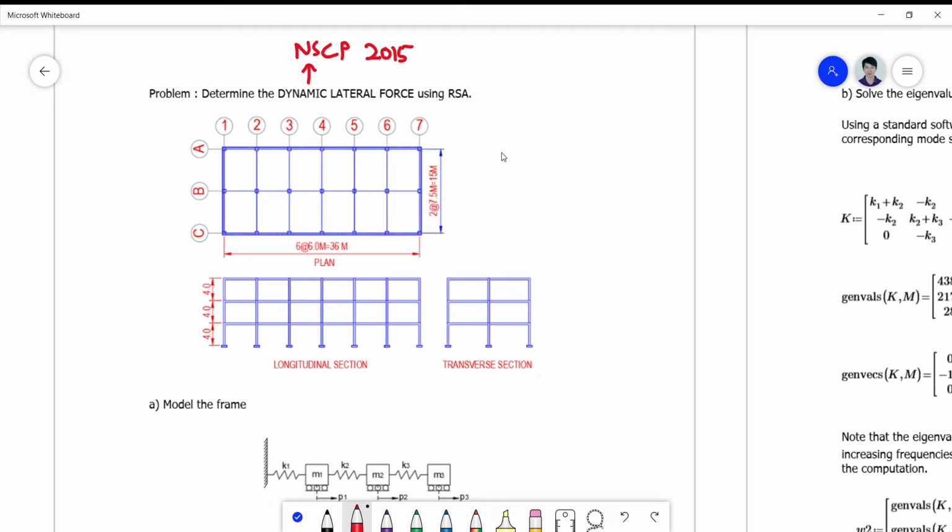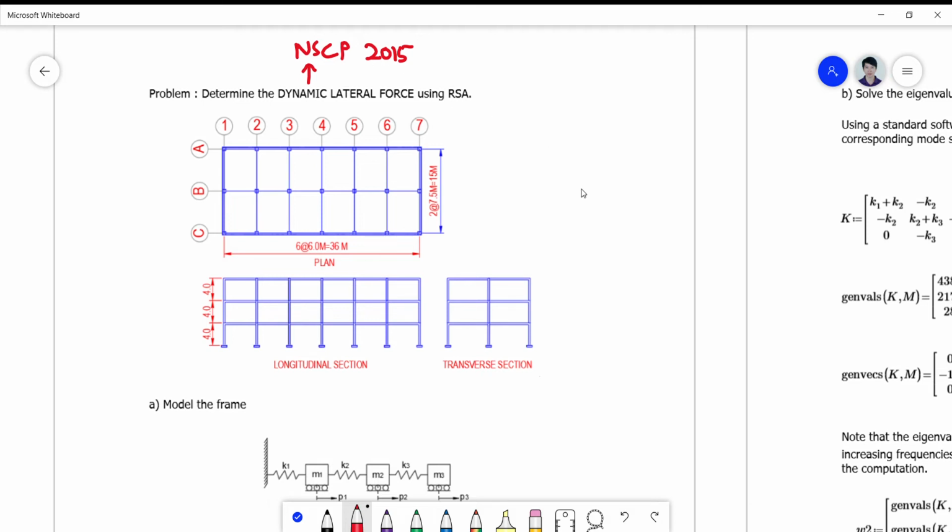Although the procedure is not different when you use older NSCP codes or even other international codes. So we will be doing a specific computation of the lateral forces on the basis of the NSCP 2015 guideline.